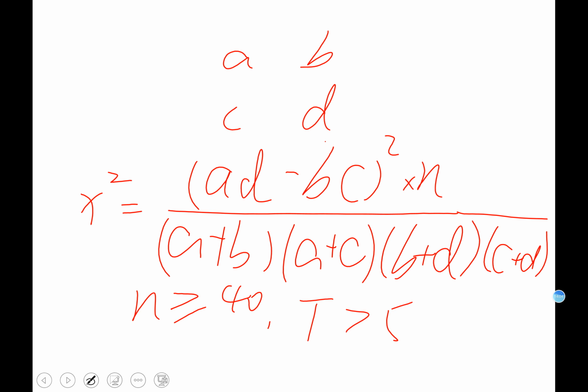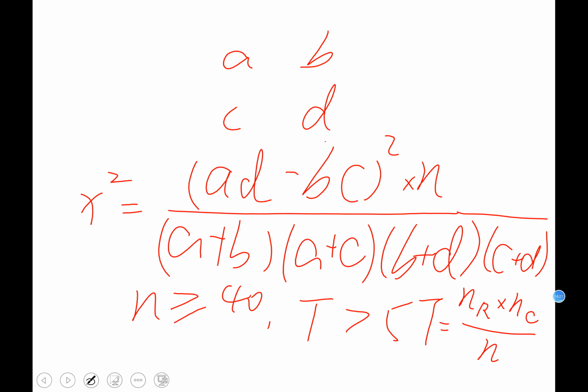So T means the expected frequency. So how can we get T? T equals the row total times the column total over the little n. The little n is the total number of the study.